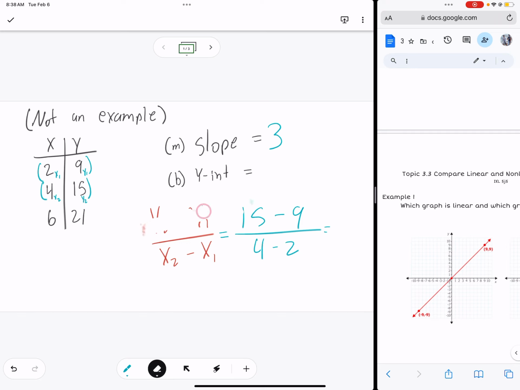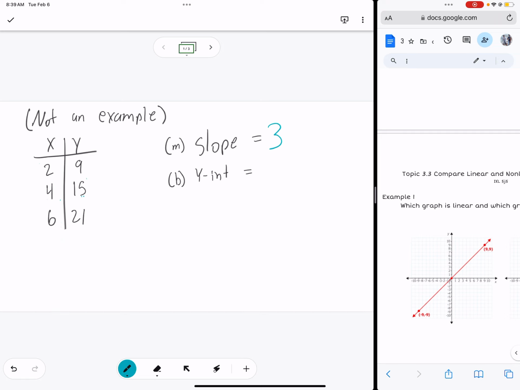All right, now, this is the tricky part. How do you find the y-intercept of a table? We can't count down and we can't count up in this example. Yes, Lillian is right.